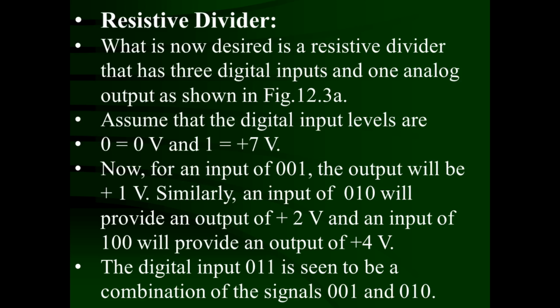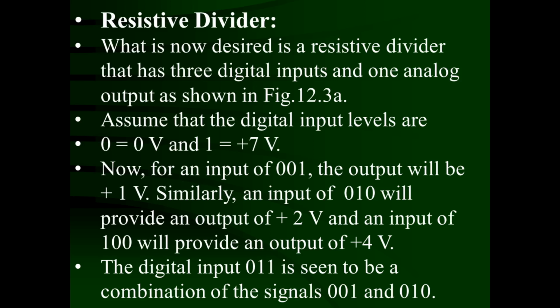Assume that digital input levels are 0 corresponding to 0 volt and 1 corresponding to plus 7 volt. Now for the input level of 001, the output will be plus 1 volt. Similarly, the input of 010 will provide an output voltage of 2 volt. For the LSB, the position weight is 1 upon 7, which corresponds to plus 1 volt.